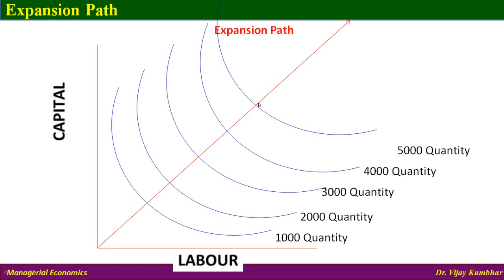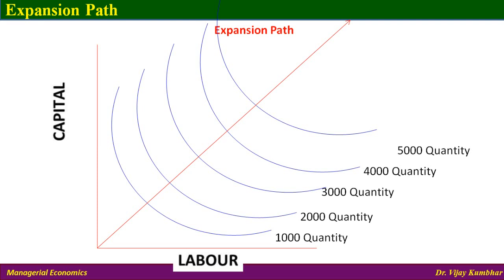If you connect these points, we get this line, which is known as the expansion path for a particular business. This is the concept of expansion path for the production firm, which indicates the various levels of production and the optimum combination of the various inputs, that is, capital and labor.